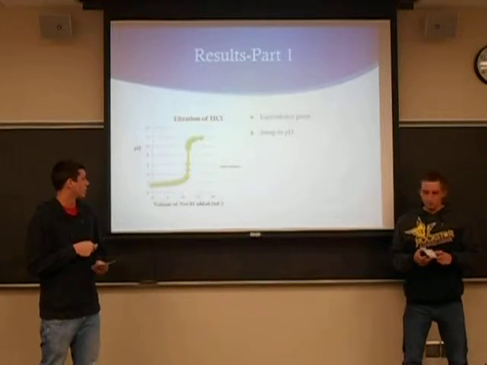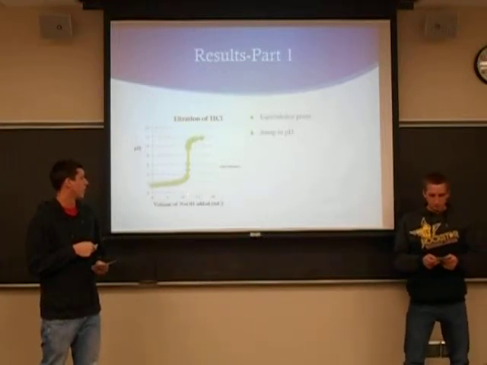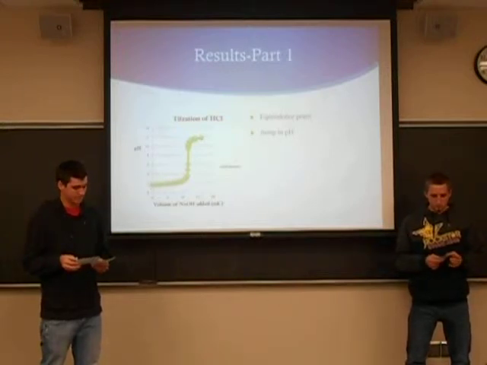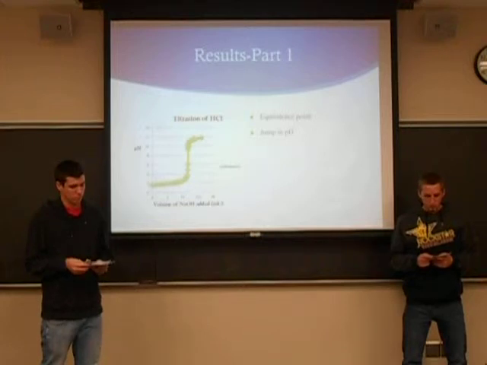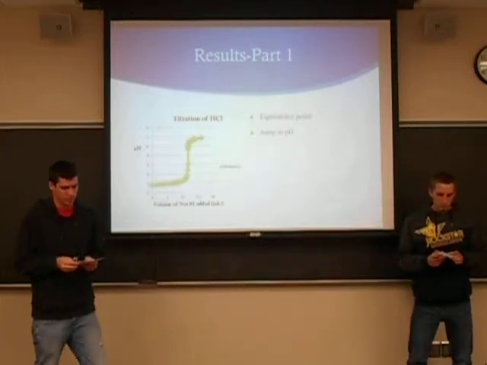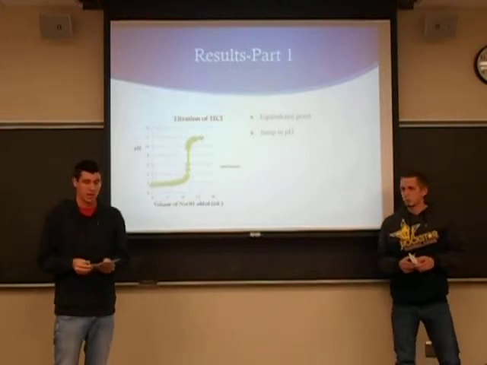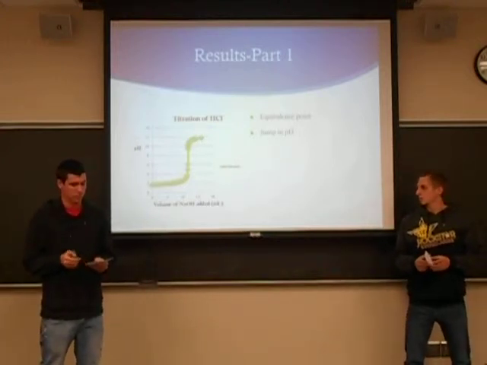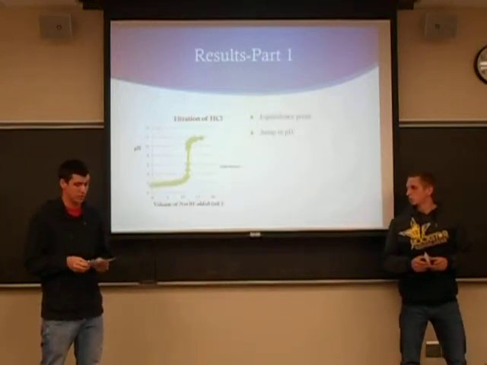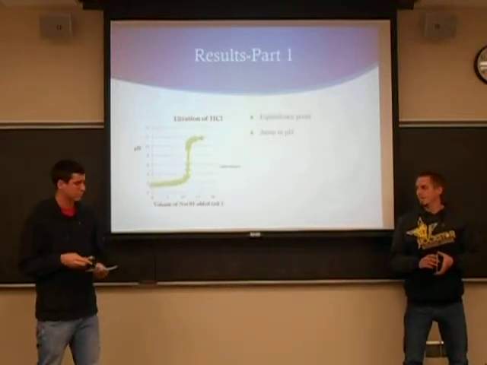About 12 milliliters of the NaOH was added, and then the pH was about 4.9, and then it jumped to about 9.37, so that's whenever you pass the equivalence point for part 1.